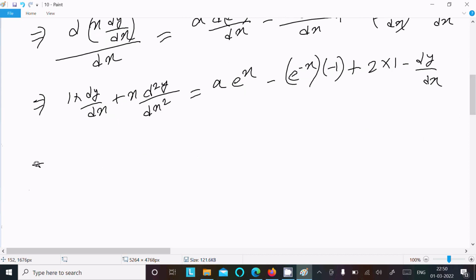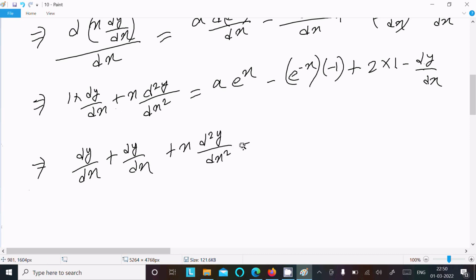After that, here writing dy/dx, and this dy/dx moving to the right, so this is now dy/dx, minus changes to plus. Hereafter x d²y/dx², and here a e^x, and minus minus changes to plus e^(-x), and here 2.